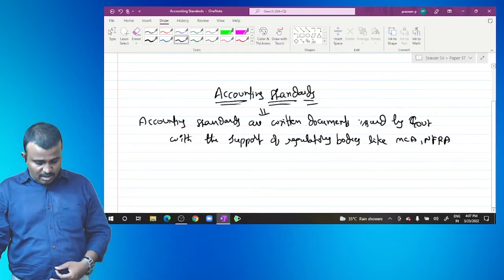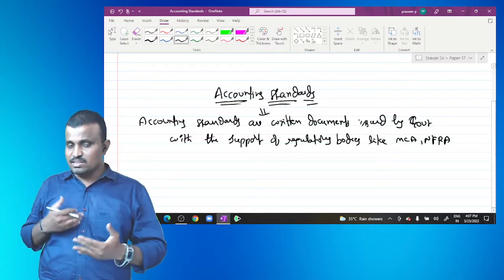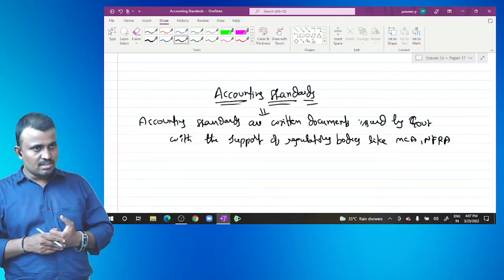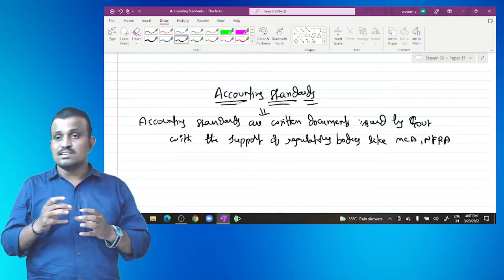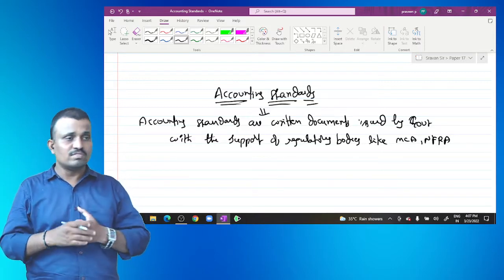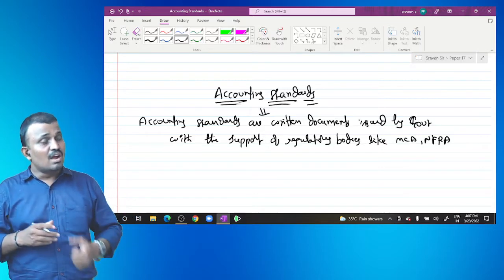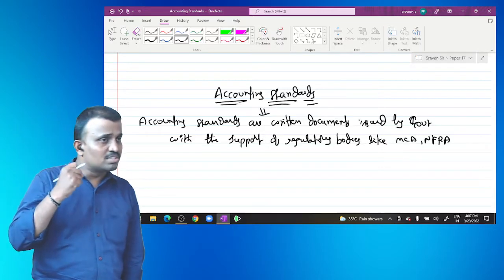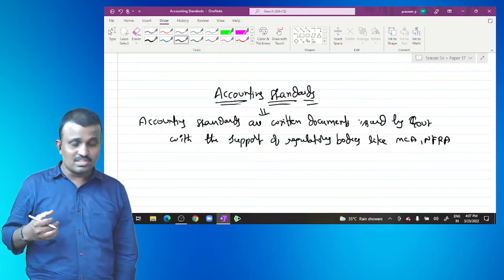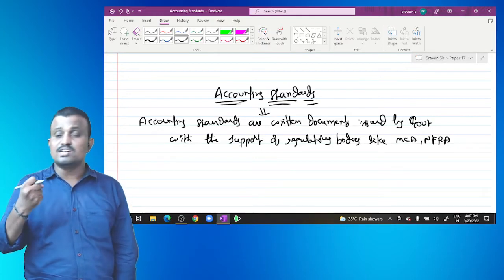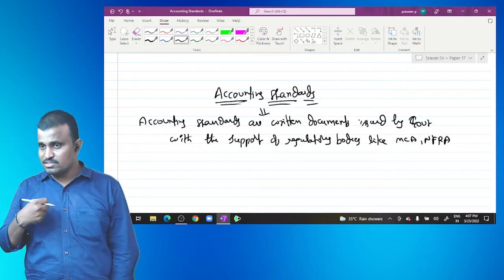Generally, coming to the transactions and events of accounting, we need to standardize the recognition of the transactions and events, and we need to standardize the measurement, the presentation and the disclosure aspects. Then only we get the qualitative characteristics of the financial statements.